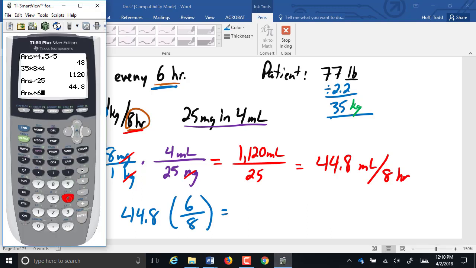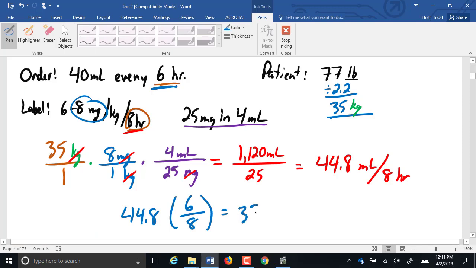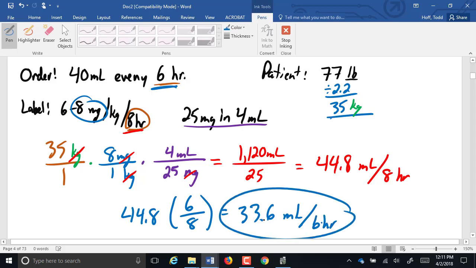So times 6 divided by 8 gives us 33.6 milliliters every 6 hours. Now that was the max dose. The minimum dose is going to be smaller than that. So that's telling us that the 40 milliliters every 6 hours is too much. That's going to be outside the range.